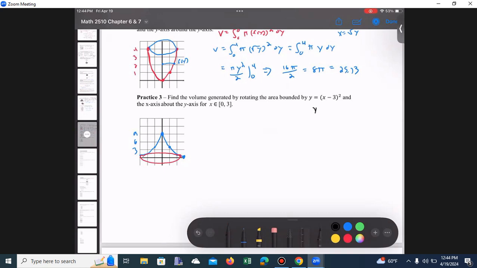So square root of y equals x minus 3, so x equals 3 plus square root of y. And so the volume is going to be integrated from 0 to 9 of pi times 3 plus square root of y, squared, dy.